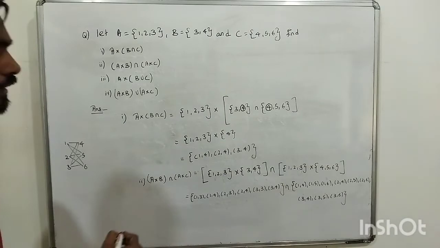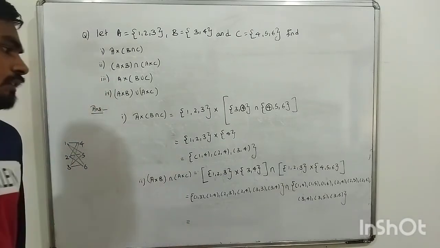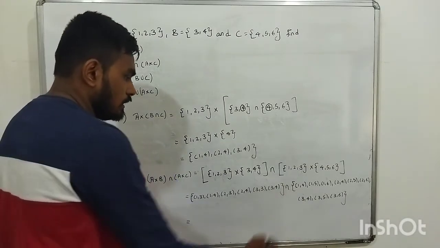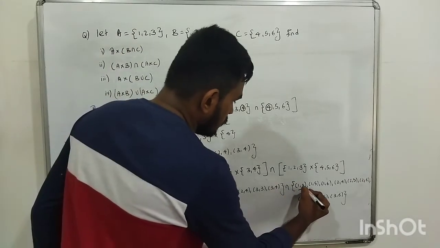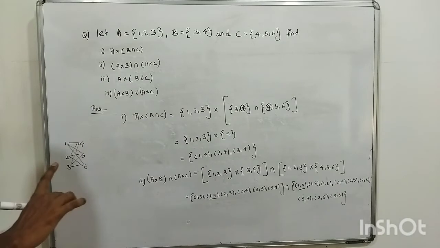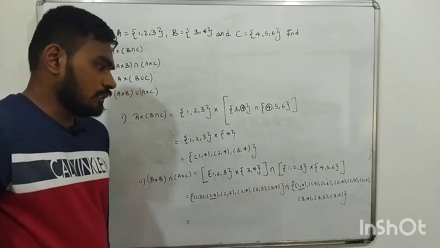Then write the common points. Since it is intersection, which are the common points? (1,4) is in both. Don't say (1,4) and (4,1) are the same, they are different.